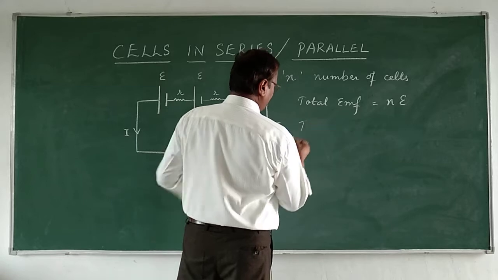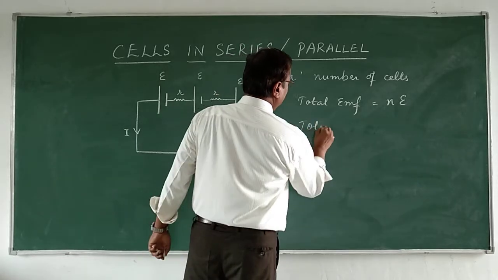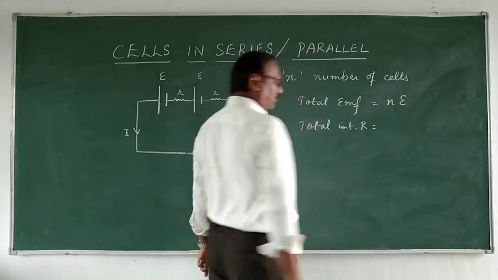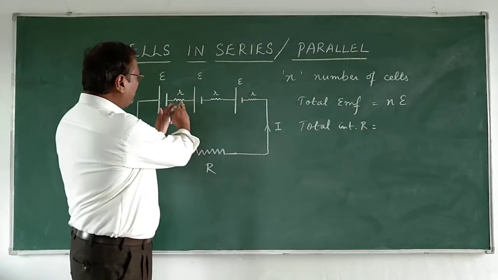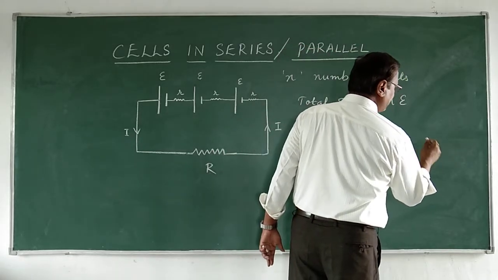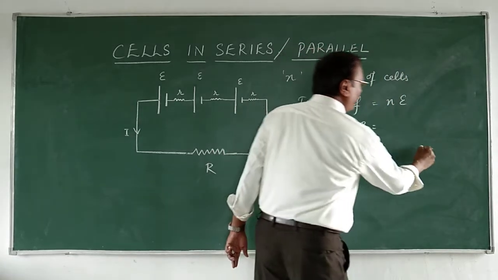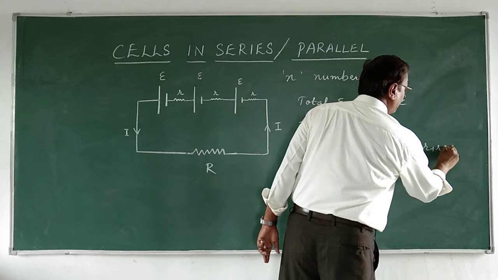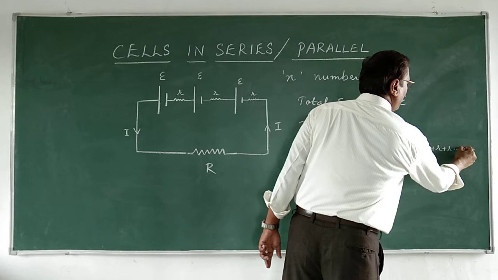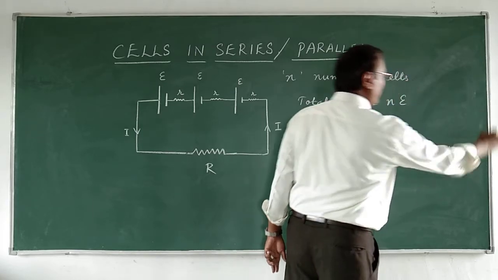Now, what is the total internal resistance? Let us see. You know they are all in series. You know that in series resistance is added up, right? So I have r plus r plus r, it goes till n numbers, so I am going to write it N into r.